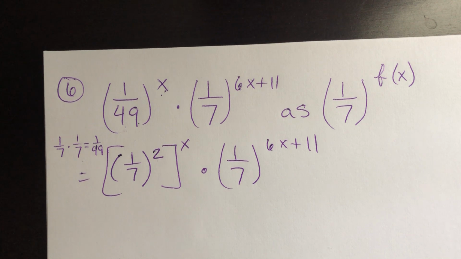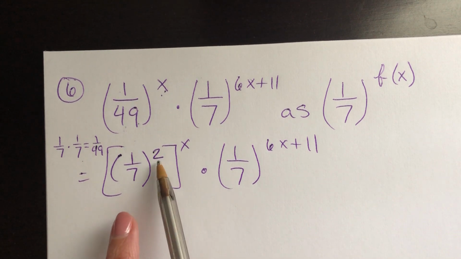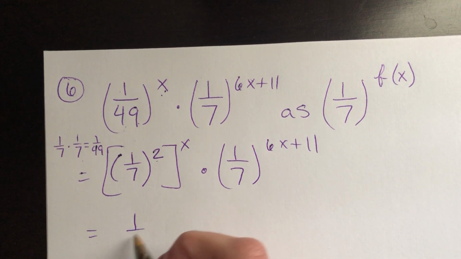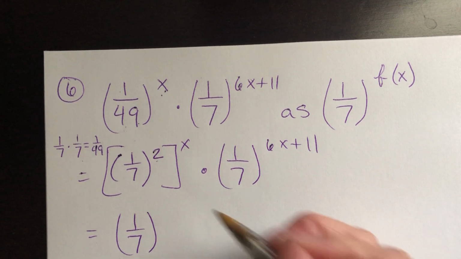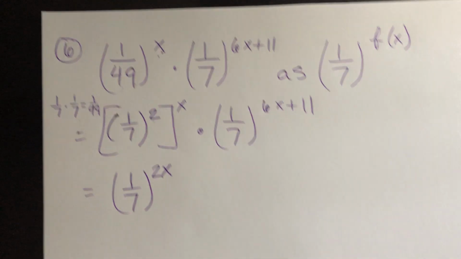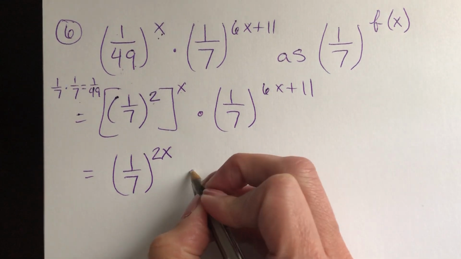Okay. Then we're going to simplify further. So I know that this is a power to a power. So I can just say that's 1/7 to the 2x power. Bring this down.